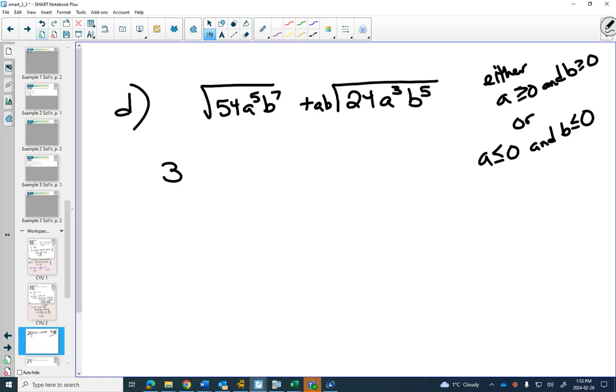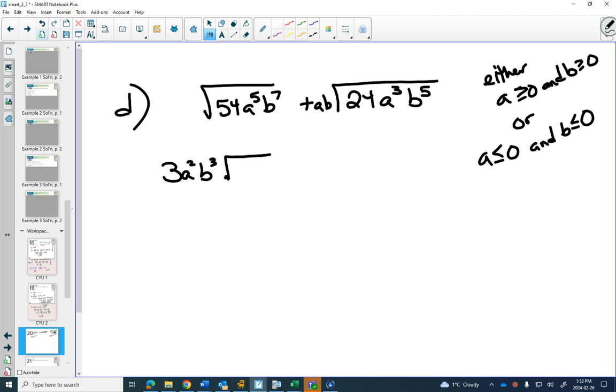And for my variables, because what I'm doing right now is trying to pull out everything possible, I'm going to be able to pull out an a squared and a b cubed. Because 2 a squareds would give me a to the 4, and 2 b cubeds, or b cubed times b cubed, would give me b to the 6.